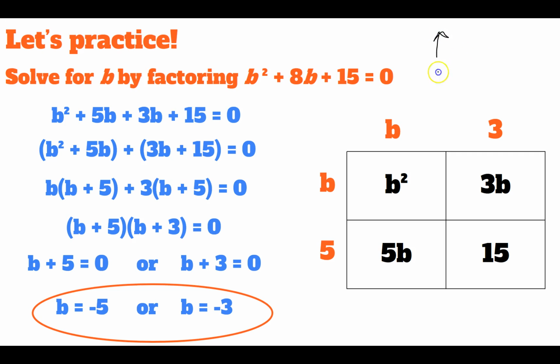It's the solution. So what part of my graph is the solution? It's just the x-intercept. So this parabola, solving it, stop talking please. Solving this and getting -5 and -3 as solutions means this parabola is crossing my x-axis at -5 and -3. That's what this means. Okay?